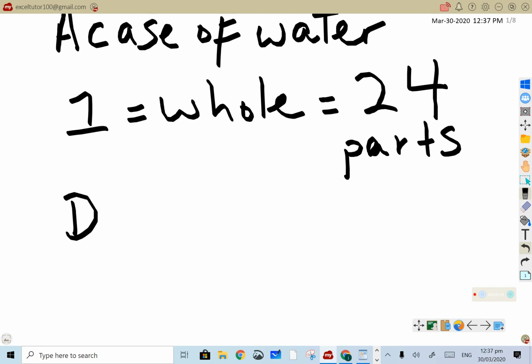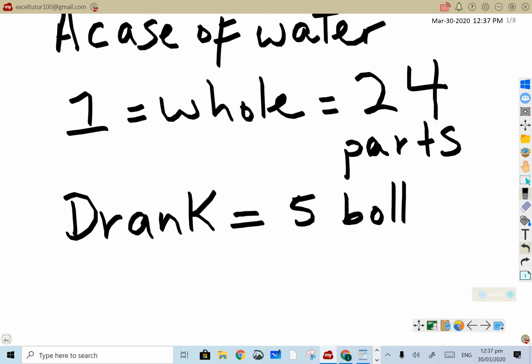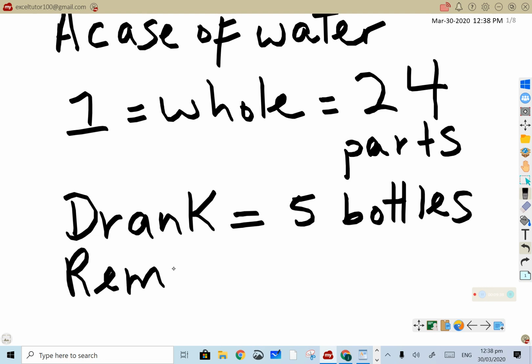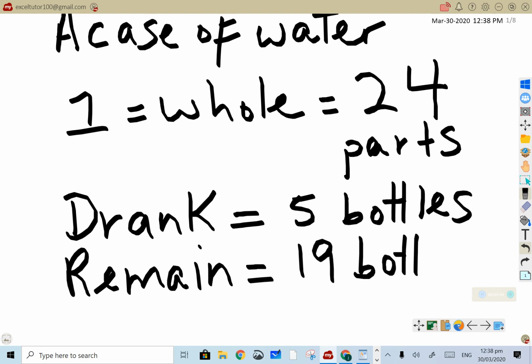So if you drank five bottles, that would be a fraction of the case of water, and whatever remains, which is 19 bottles, that will also be a fraction.